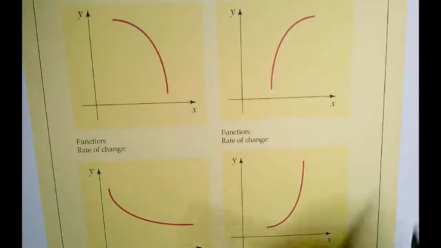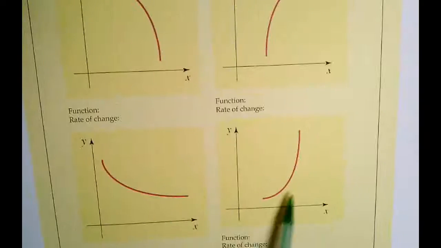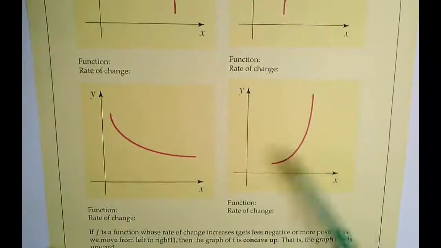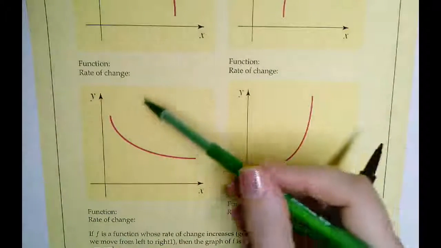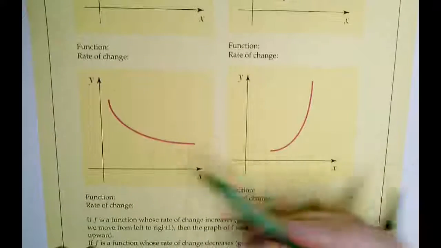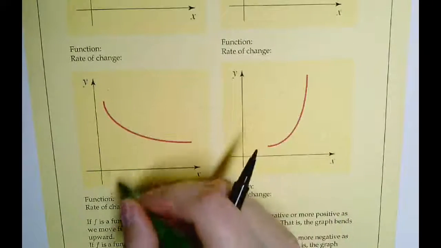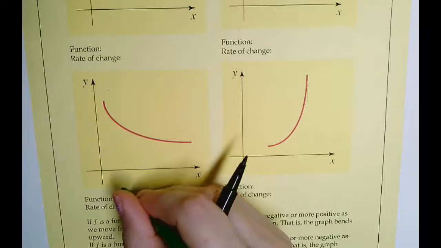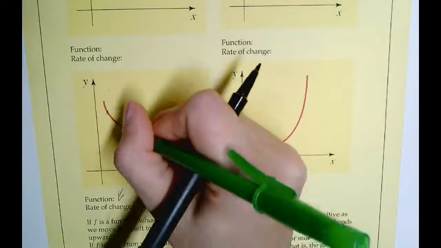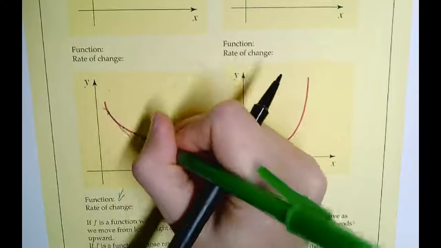So on the next page, I want to look at the second graph. This is similar to the example that we just did. For this function, the function is decreasing, but the rate of change is increasing.